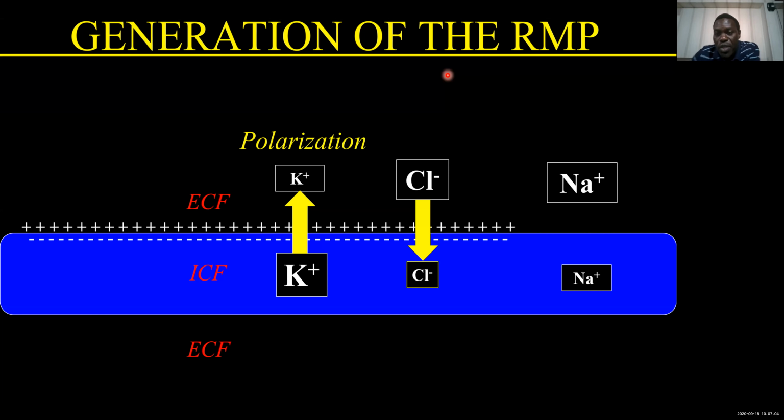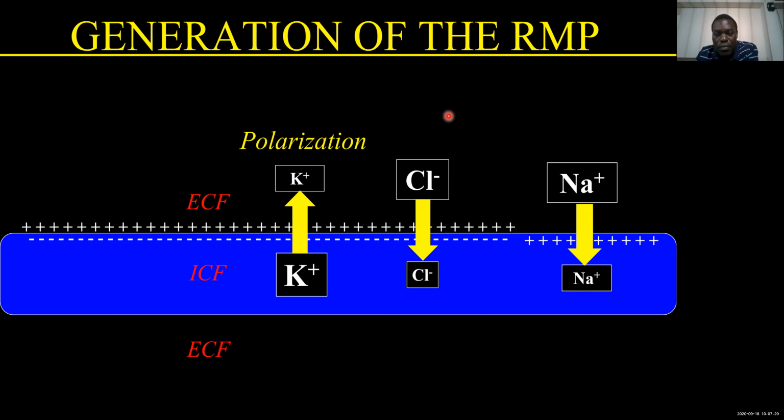So, because sodium is positively charged and is more outside, if it moves, you are going to have sodium influx. That means the inside of the cell will be more positive.